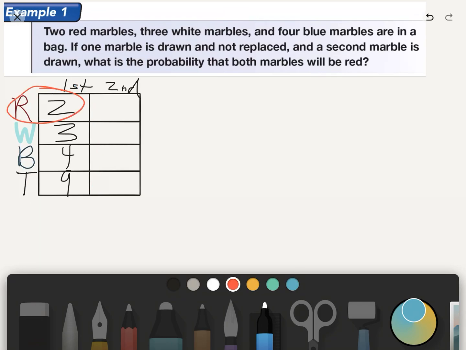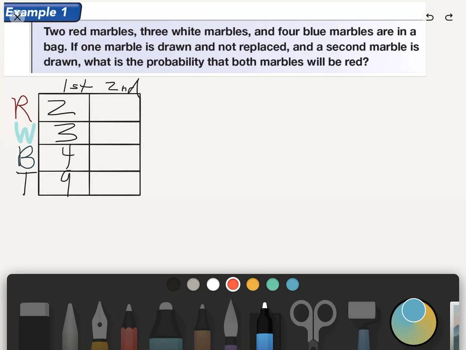So we've got our red, we've got 2, white we've got 3, blue we've got 4, and all those add up to a total of 9. If one marble is drawn and not replaced, and a second marble is drawn, what is the probability that both marbles will be red?